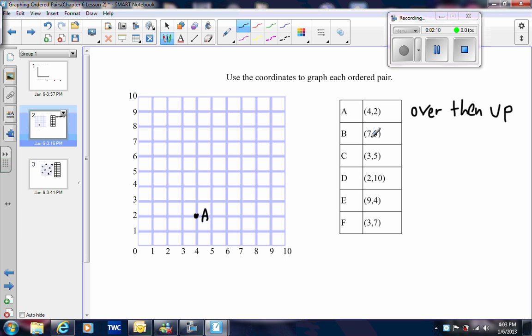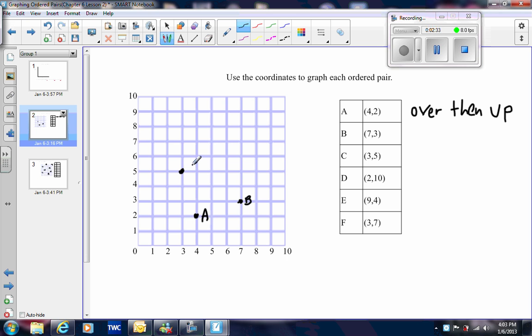Next, I've got over 7, up 3, and that's where point B is. So I go over 7, and then up 3, put a dot there, and that's my point B. Next is point C. I go over 3 and up 5. Put a point there.